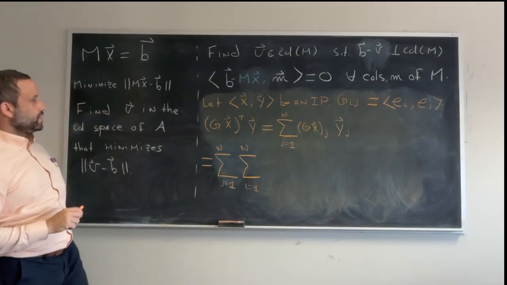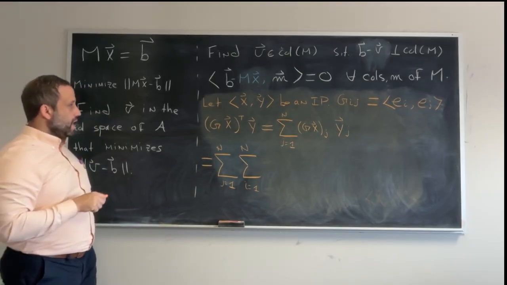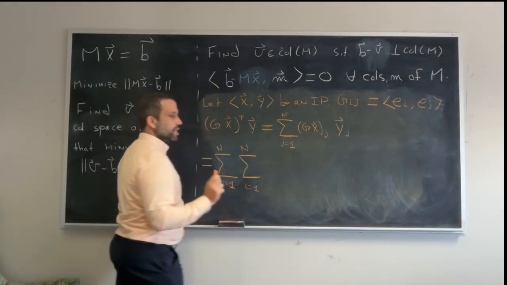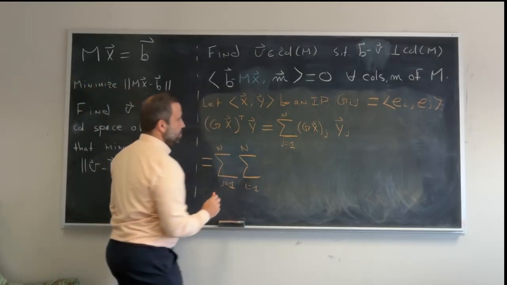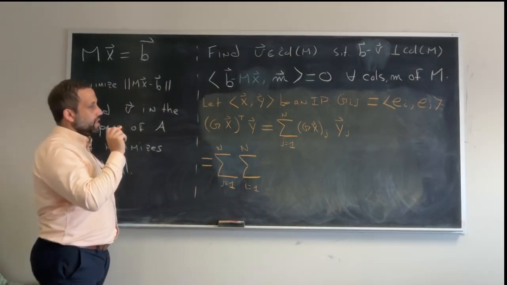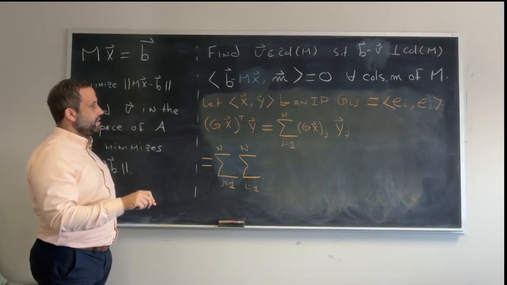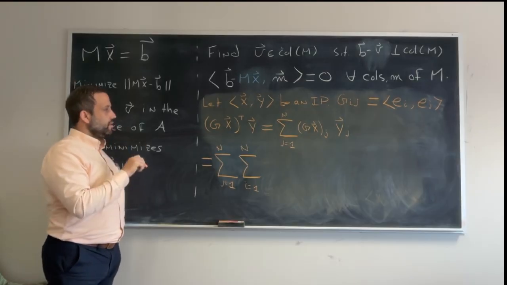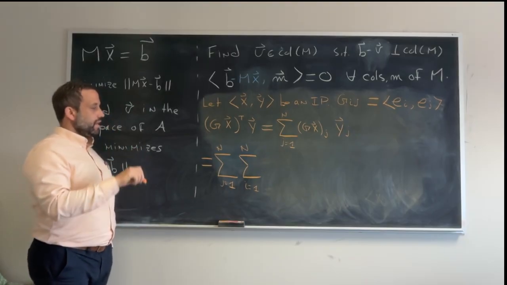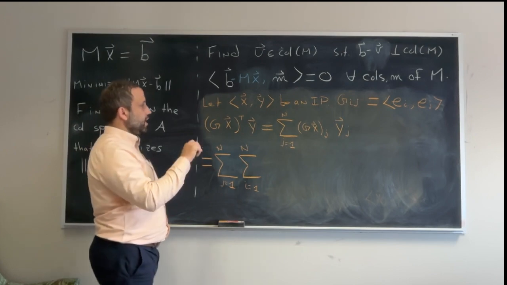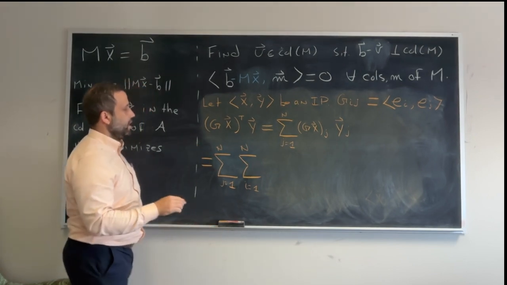If I just look at this product, G times x, I'm going to have the first column of G times the first entry of x, the second column of G times the second entry of x, and so on and so forth.